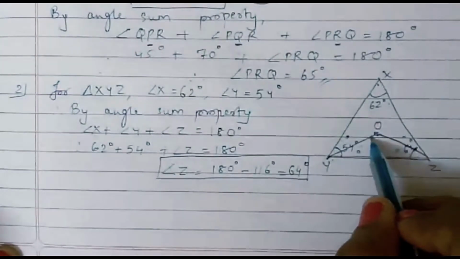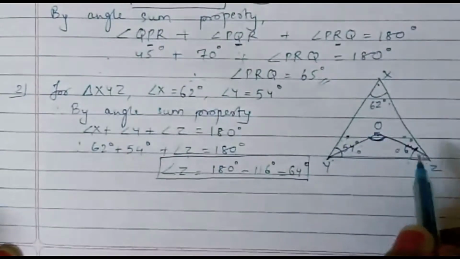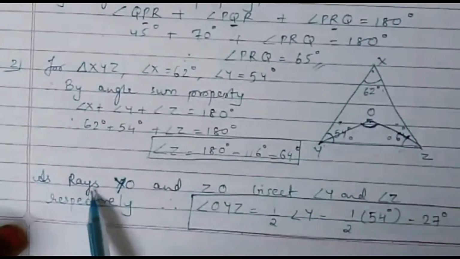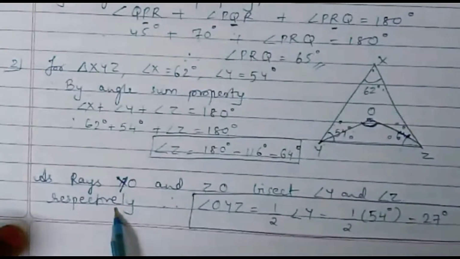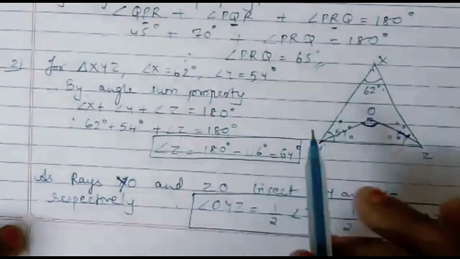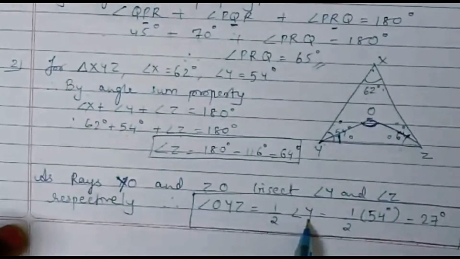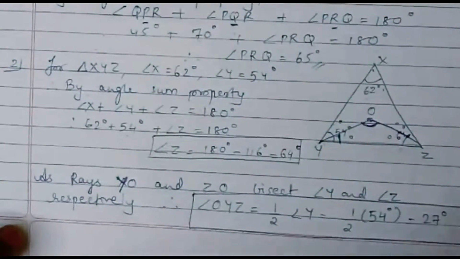The question is to find out what is angle YOZ. So first of all, let us write about bisector. I have written rays YO and ZO bisect angle Y and Z respectively. So angle OYZ means this angle, right, is half of angle Y. Actually angle Y was 54, so half of 54 will be 27.